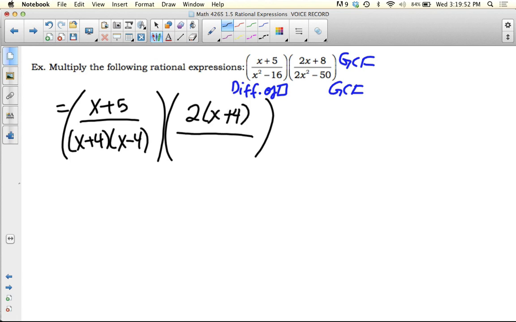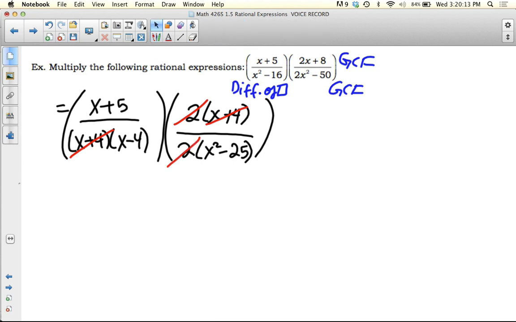And at the bottom, 2x squared minus 50, we pulled out a 2. Okay? So let's have a look at what we're left with here. We see that there's a common x plus 4, and an x plus 4 I can cancel off, as well as a 2 and a 2 I can cancel off.